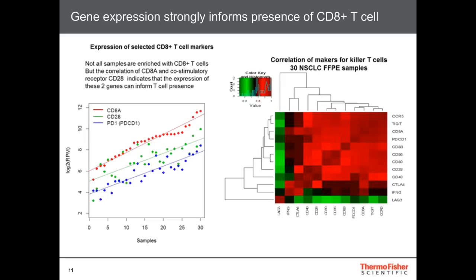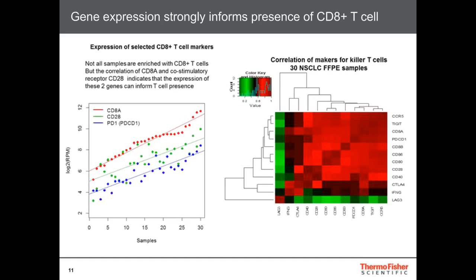On the right-hand side, this graph shows the correlation of markers for killer T cells across these same 30 FFPE non-small cell lung carcinoma samples. And again, you can see that the genes that you expect to be mutually correlated with each other for killer T cells indeed are strongly mutually correlated with each other.